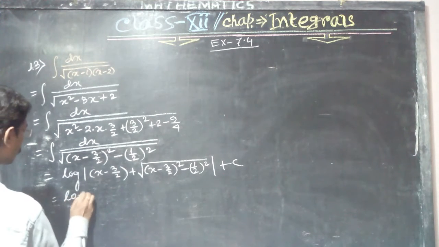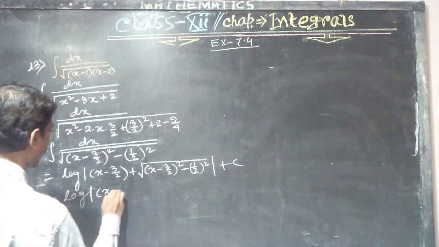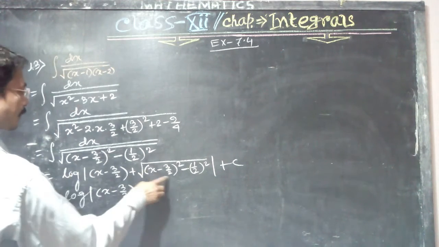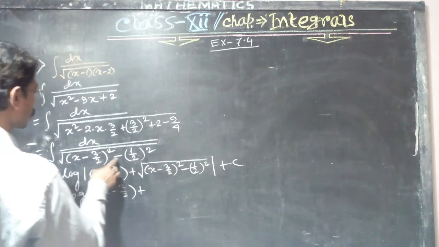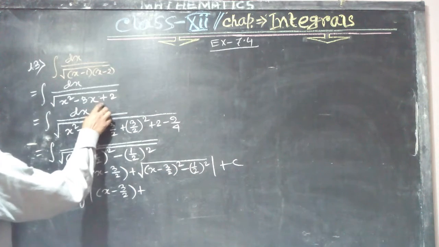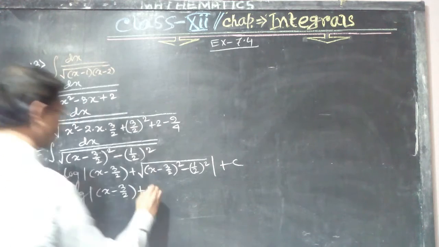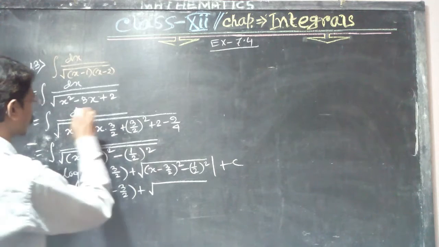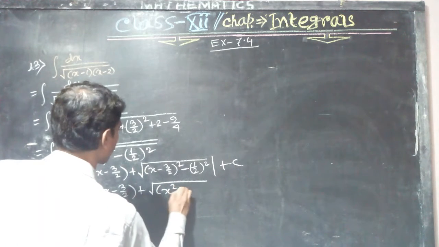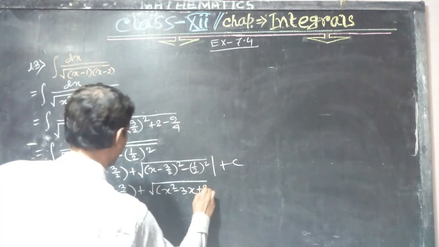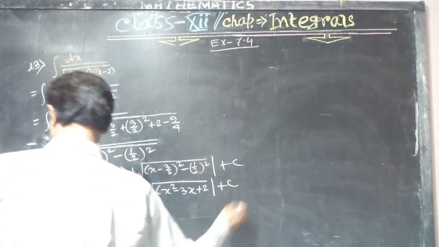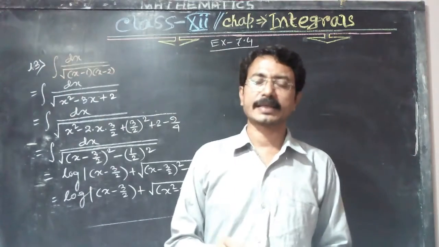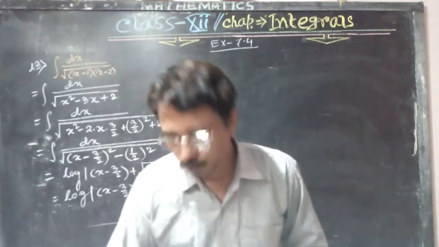Equal to log mod x minus 3 by 2 plus, and this is x minus 3 by 2 whole square minus 1 by 2 whole square, which comes from this. That means x square minus 3x plus 2. So in place of x minus 3 by 2 whole square minus half the whole square, we put x square minus 3x plus 2 plus c. In this way, from this exercise, rest of the math you solve.